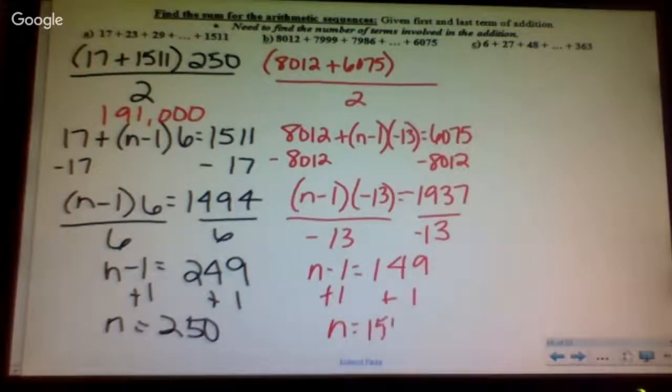N equals 150. So you would plug that into here to get your final answer. Once you get that answer, please go ahead and try C on your own. See what you come up with. Again, this is as hard as it gets. 1,056,525. Perfect.